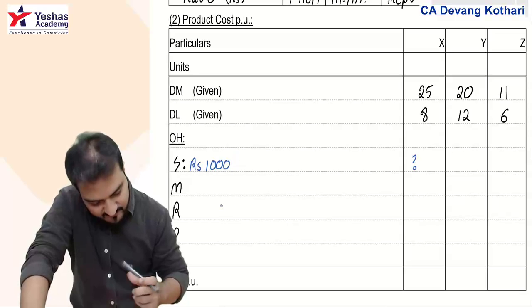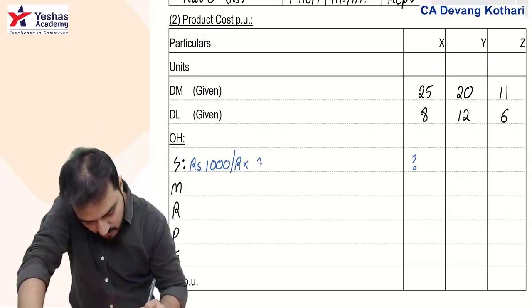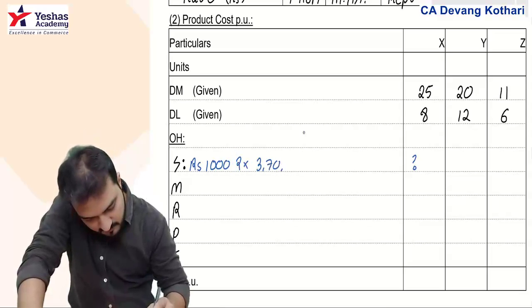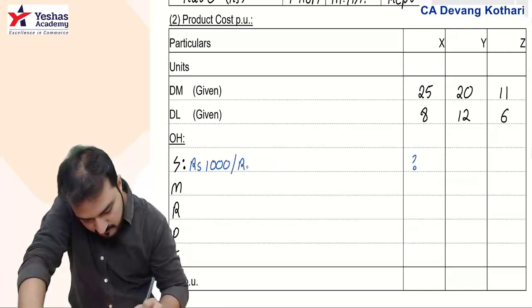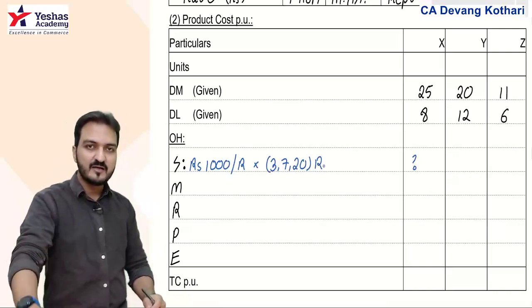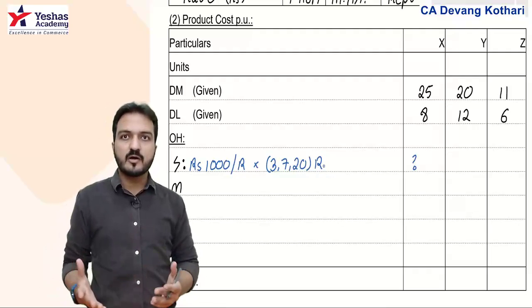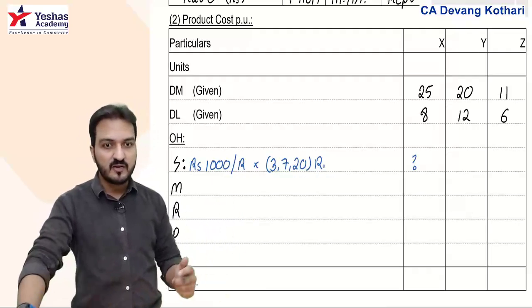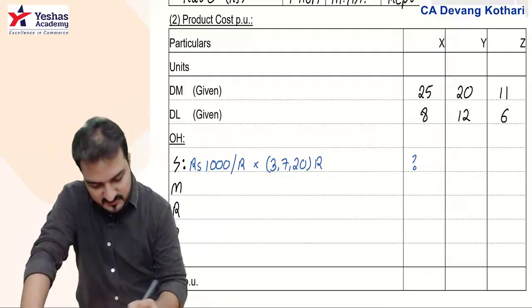Just for shorter wording I will write it like this: setup cost is rupees 1000 per run into 3, 7 and 20 runs. If product X requires 3 production runs, every run costs you 1000 rupees, so it will cost 1000 into 3, 3000.